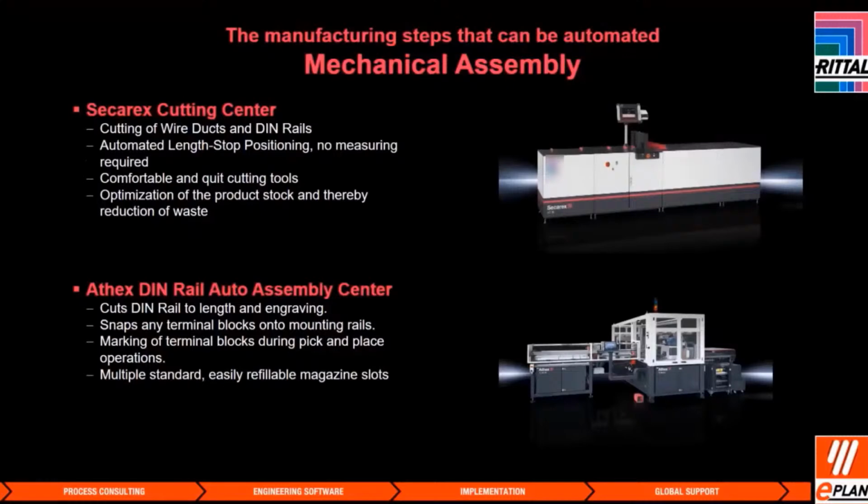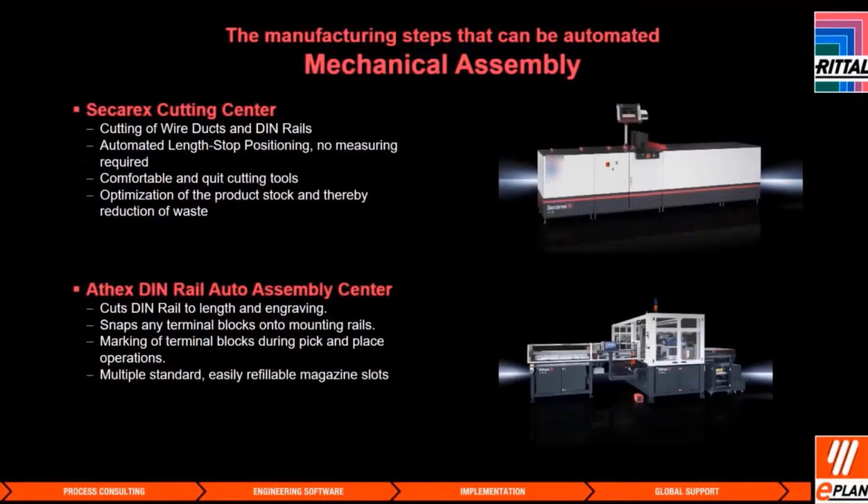So you're creating an entire terminal block DIN rail assembly with this piece of equipment. As I said, there are fewer customers that really have the volume of terminal block purchasing and use that might utilize this machine, but we're showing it to explain that we have a very wide offering to panel builders in terms of automating their processes.